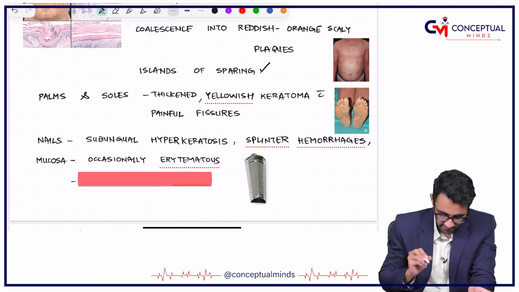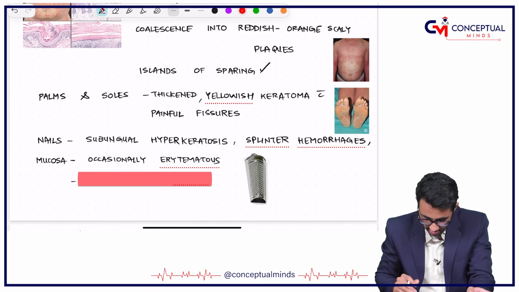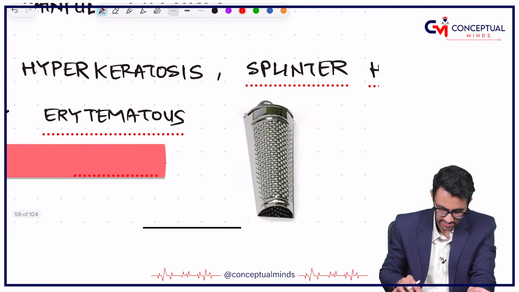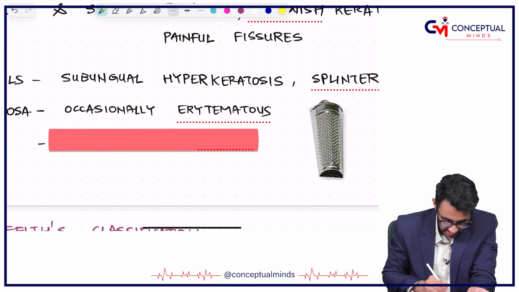So the first was the alternating bands. The next one is this. What do you think this is? It is a grater, right? It is a grater for something. What that something could be, probably we call it a nutmeg grater.